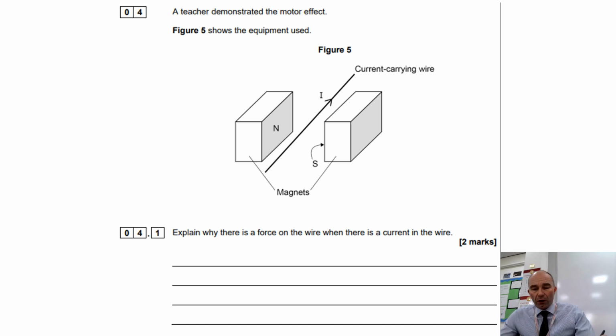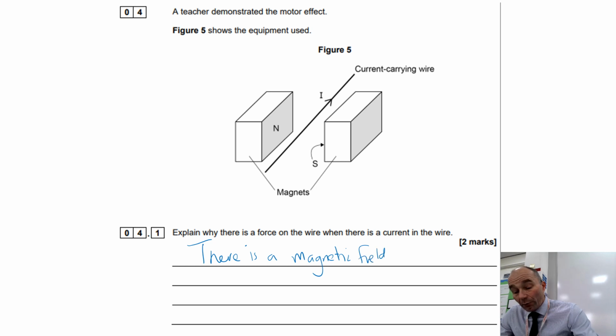Alright, number 4, we've got an example of the motor effect here. Figure 5 shows you the equipment used. First bit, explain why there is a force on the wire when there is a current in the wire. Now remember, there's a magnetic field with our permanent magnets.